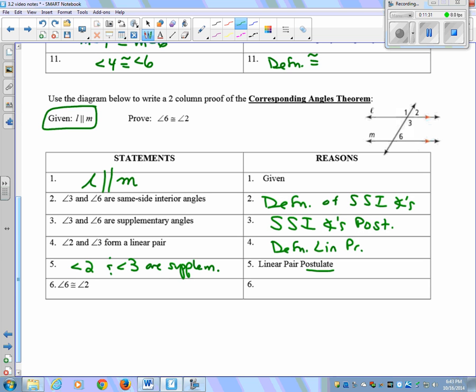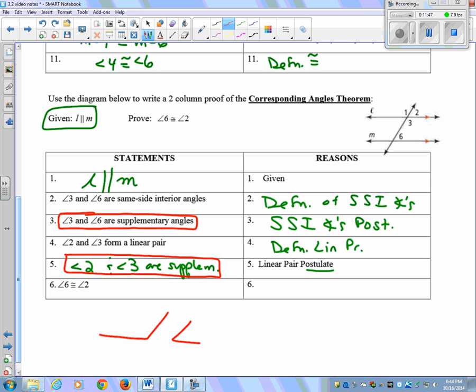So angle 6 and angle 2 are congruent. This is that theorem from chapter 2 that says if two angles are supplementary to the same angle, remember we said if we have angle 1 supplementary to 2 and angle 1 also supplementary to 3, then 2 and 3 are going to be congruent to each other. That was a theorem we learned in 2.6.